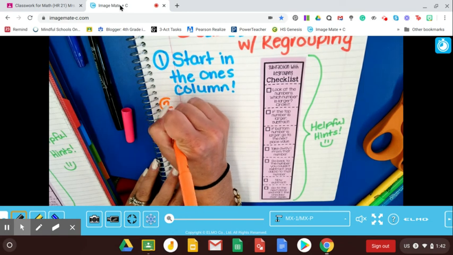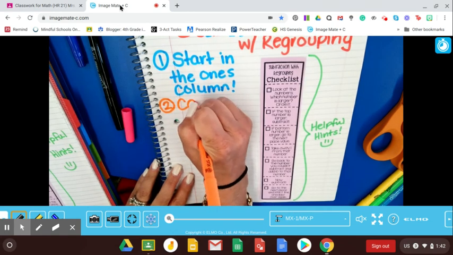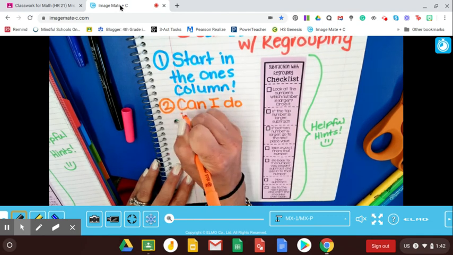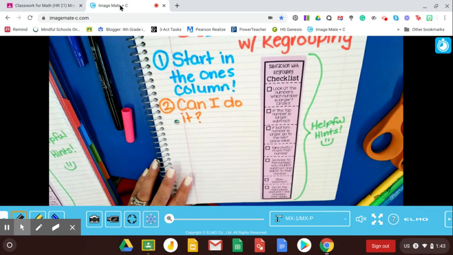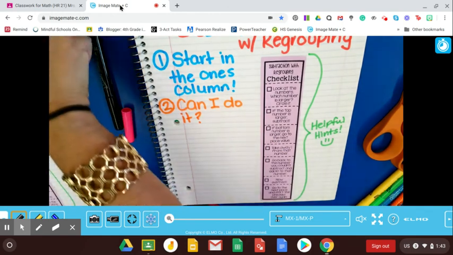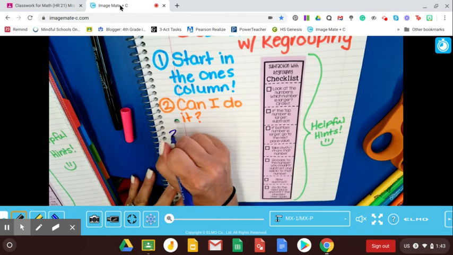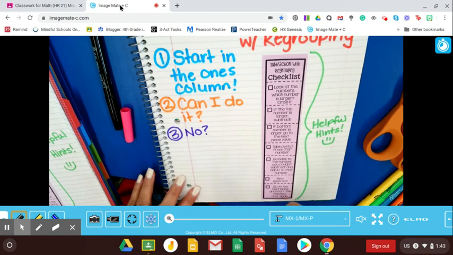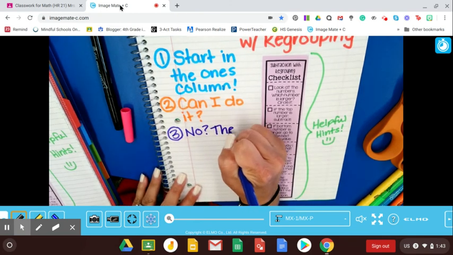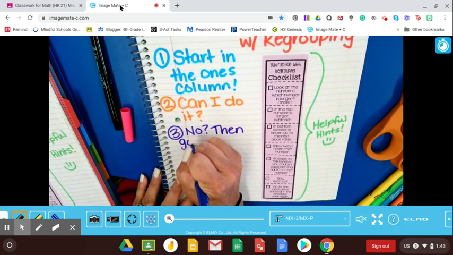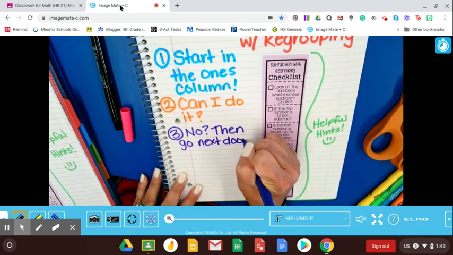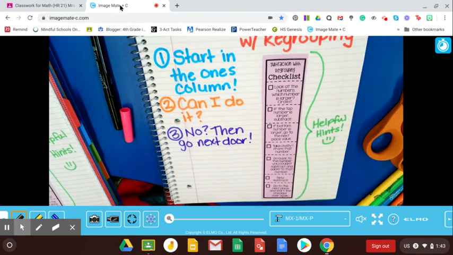The second rule is that you want to ask yourself, can I do it? Yes, I can. Or no, I can't. If you cannot do it, if the answer is no, then go next door. You have very friendly neighbors, and they will never say no to you.